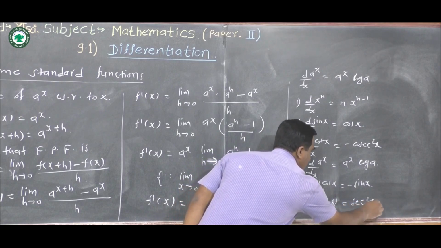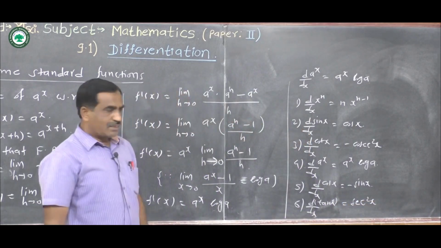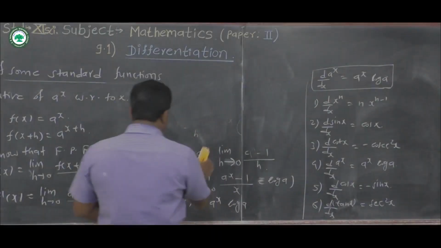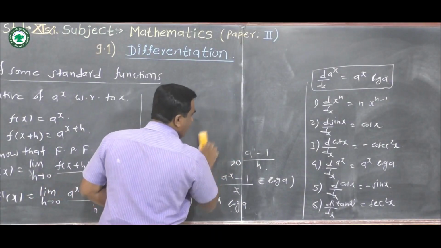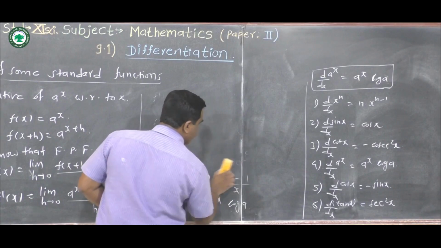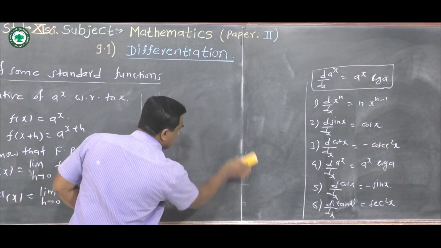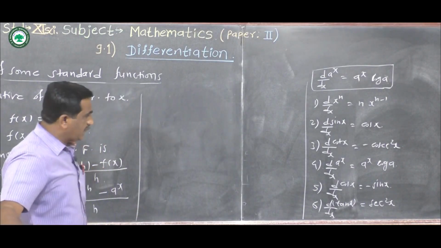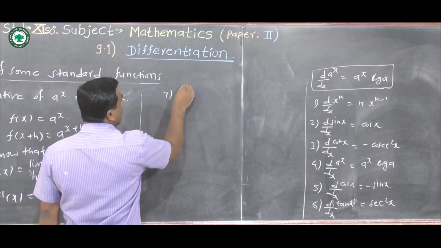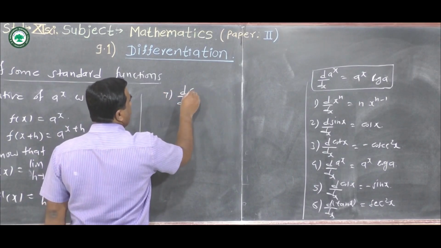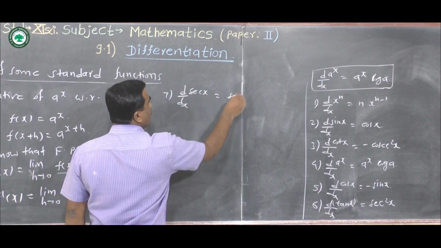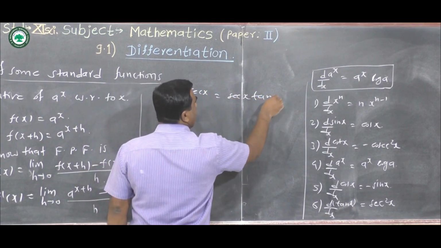Derivative of tan x with respect to x is sec square x. Now further, the next trigonometric function is sec x. Number 7, dy dx of sec x is equal to sec x into tan x.